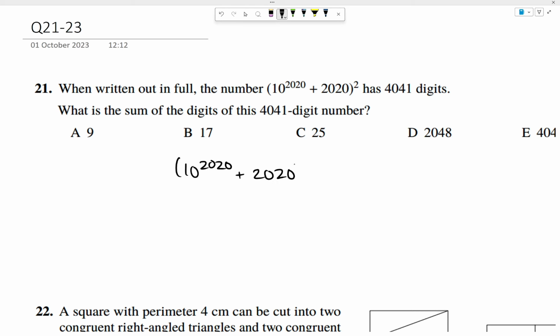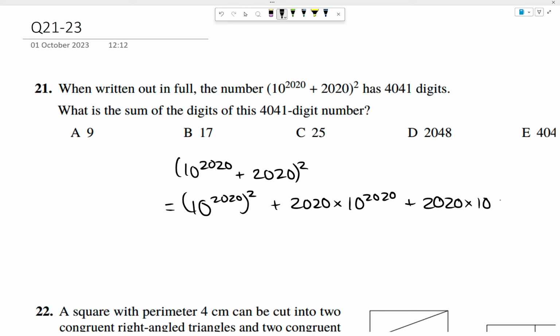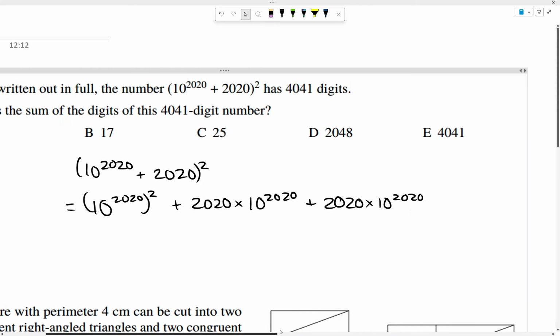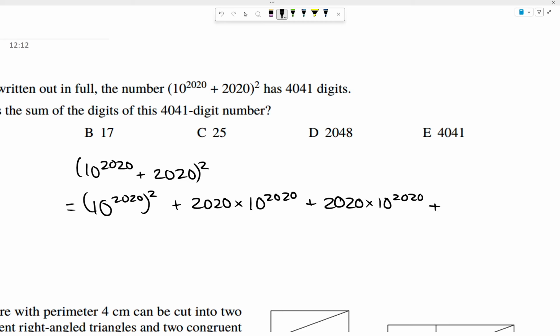plus 2020 squared is 10 to the 2020 squared plus 2020 times 10 to the 2020 plus 2020 times 10 to the 2020, and then plus 2020 all squared.